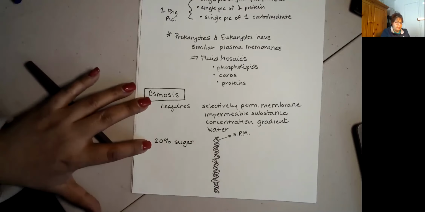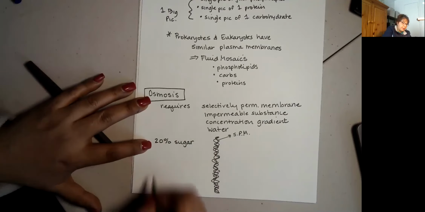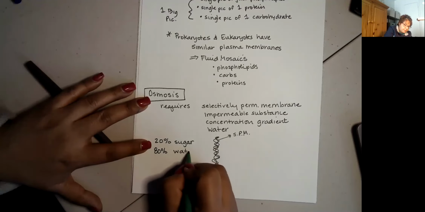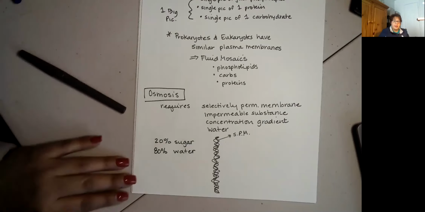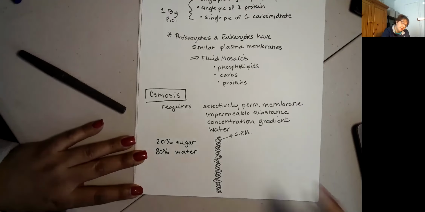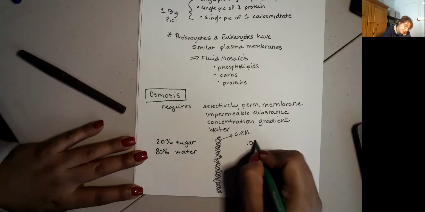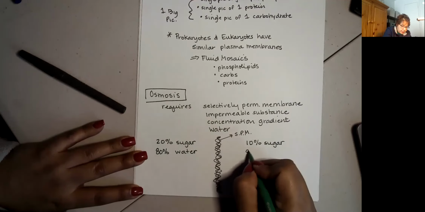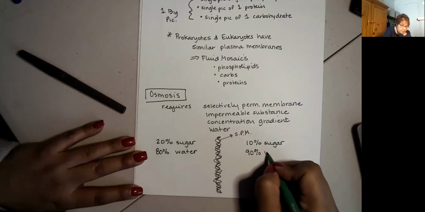And so if I have 20% sugar, that leaves me with 80% water. And on this side of the membrane, I have 10% sugar, and that leaves me with 90% water.